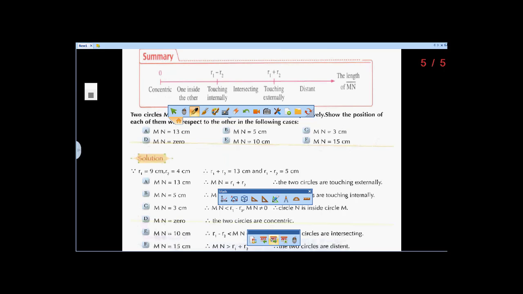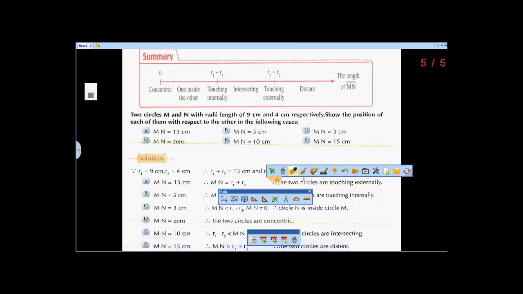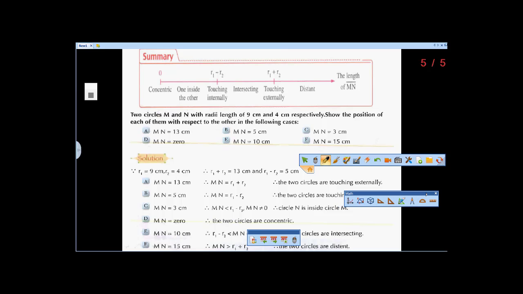Here I have a summary to explain what I mean. If two circles are concentric, then MN is equal 0. Touching internally, if MN equals R1 minus R2.